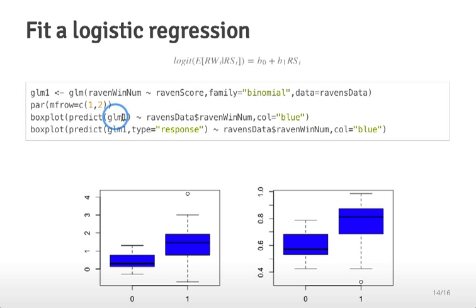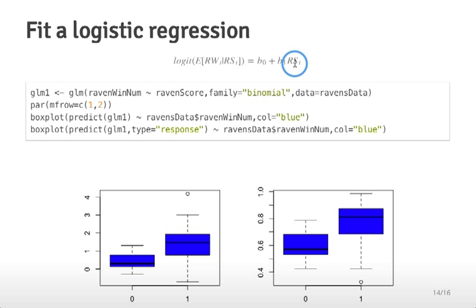If I look at the predicted values in the training set versus Ravens win, you can see that those values are lower for the cases where the Ravens lost and higher for the cases where the Ravens won, but they overlap each other. It's also strange because these values are not just between 0 and 1 like you would expect from the fitted values from a binary regression model, and that's because these values are on the linear scale. They're actually on the scale of beta 0 hat plus beta 1 hat times the Ravens score.